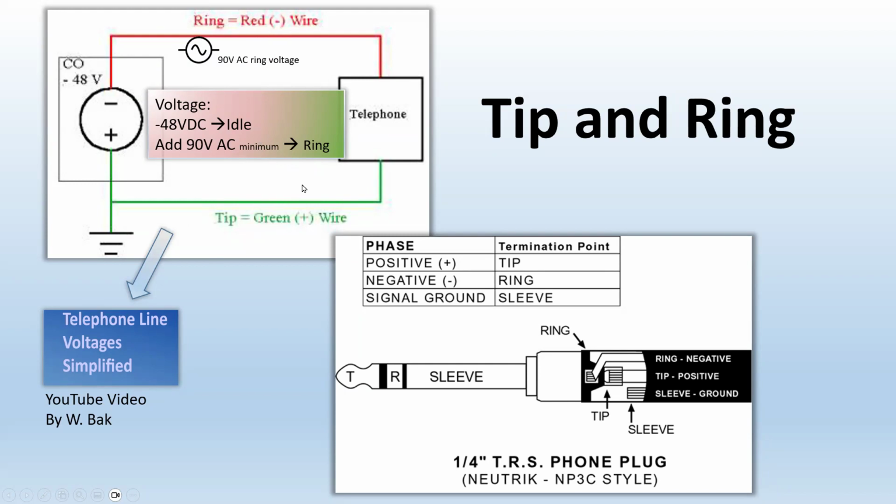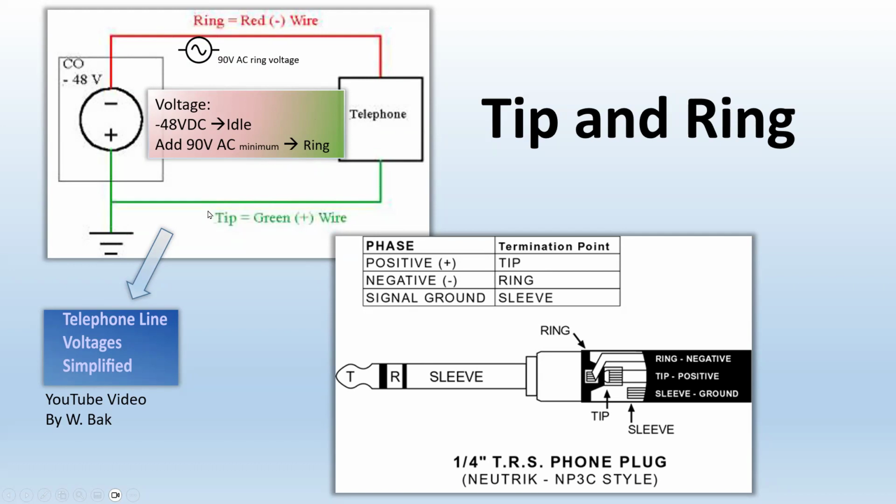Okay, so the main thing is that this is the central office. That's where the wires come out of. And this is the telephone set on your kitchen wall, right? All right, so tip and ring is just one pair. Ring and tip, ring, tip. That's where it comes from. But we're not using those jacks, but the terminology stayed.